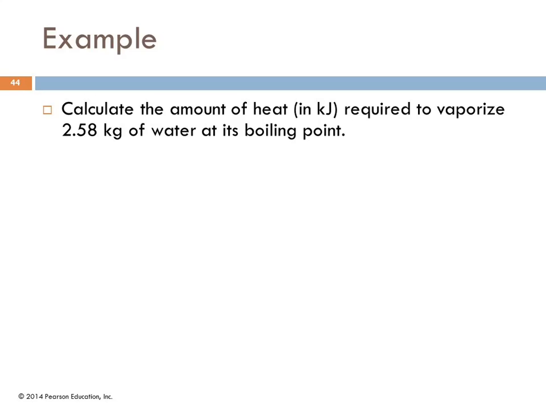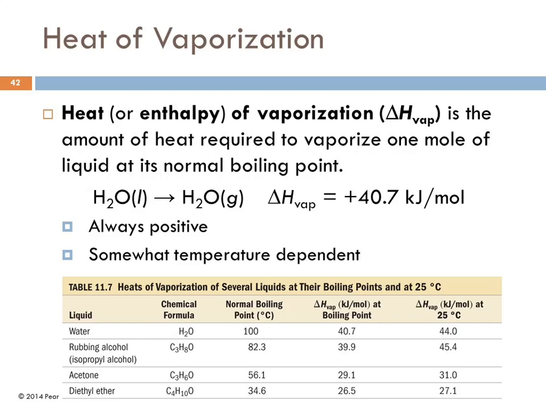So let's calculate the amount of heat in kilojoules required to vaporize 2.58 kilograms of water at its boiling point. Let's just double check our number there. At the boiling point, 40.7, and the units are kilojoules per mole.